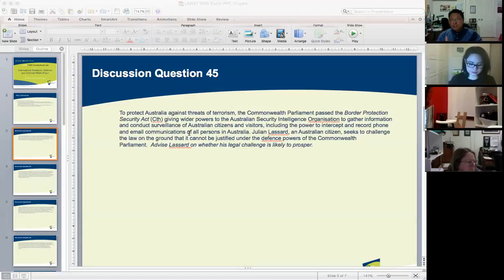Okay, that's crucial that we need to remember. Even if we might think that the power of the Commonwealth Parliament under the defense power is quite broad and expansive, according to the expansionary doctrine, this is the only head of power where the High Court has clearly seen the need to recognize a limitation in terms of purposiveness, reasonableness, and proportionality.